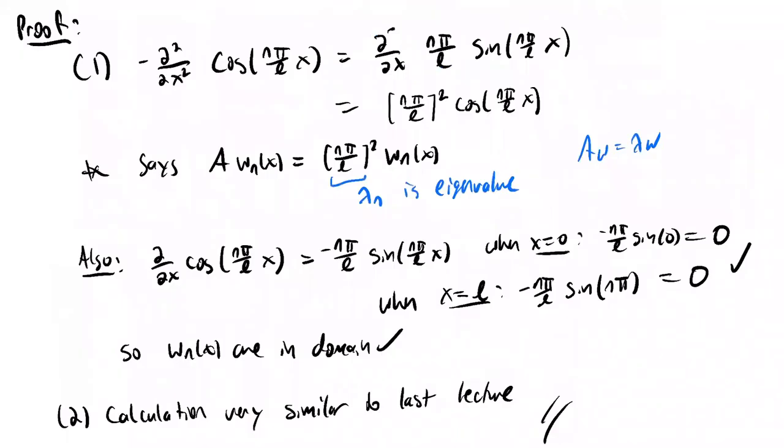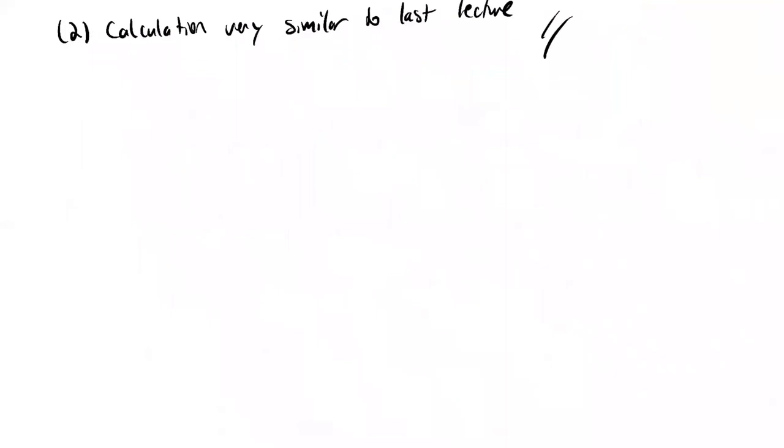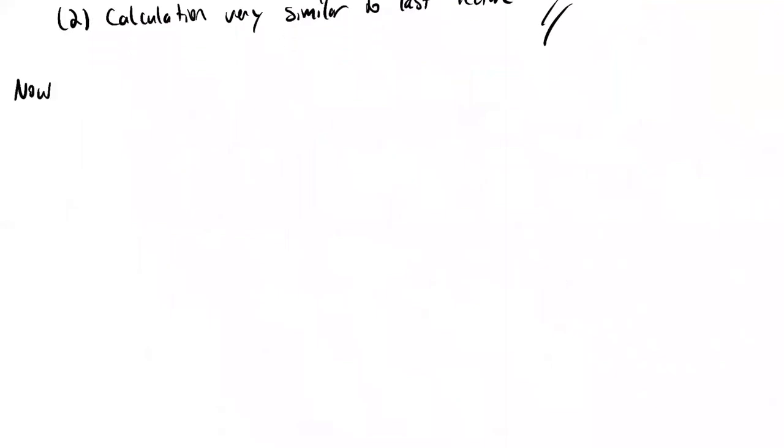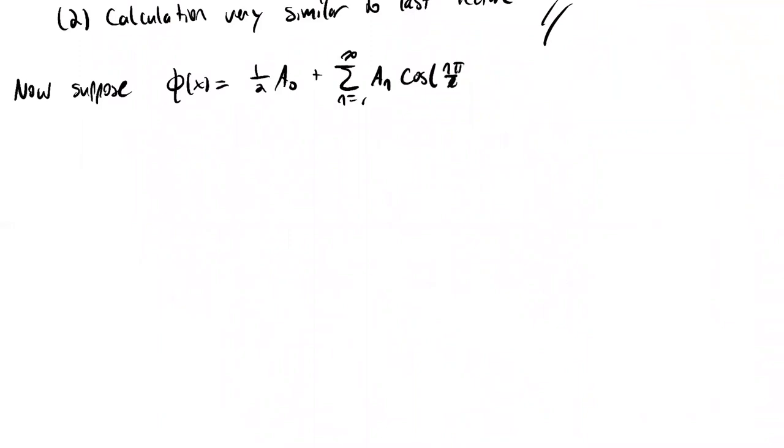And then finally, let's suppose I have my function phi of x, which is given by 1/2 a0 plus the sum from n equals 1 to infinity of a_n cosine of n pi over L x. So I have my function given by this cosine series.